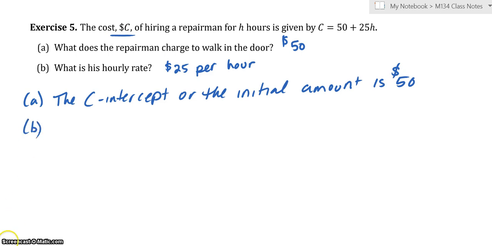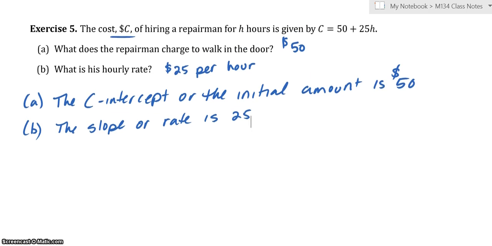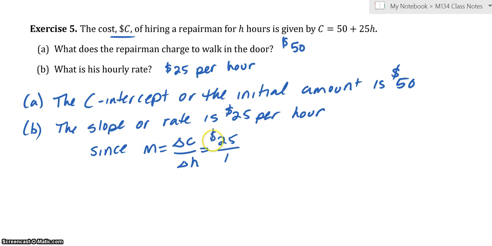Part B, the hourly rate. We know the slope, or the hourly rate, is the number in front of the variable, the 25, and that rate would be in dollars per hour, since m is the change of y, in this case C, over the change of x, in this case H. So this would be 25 over 1, with dollars on top and hours on the bottom.